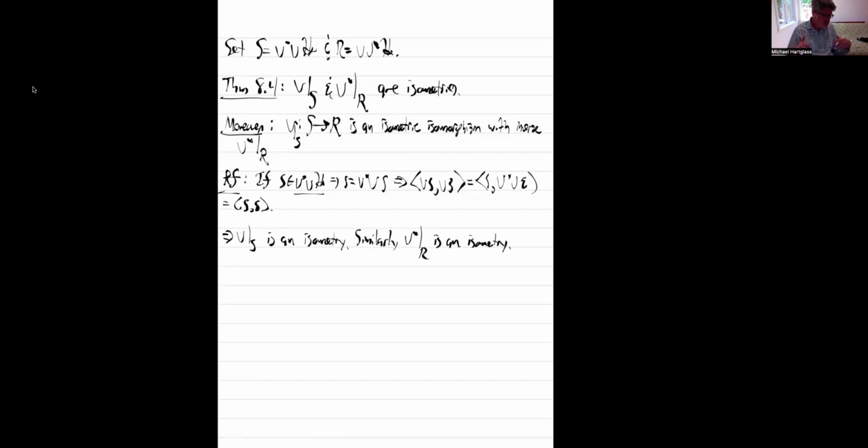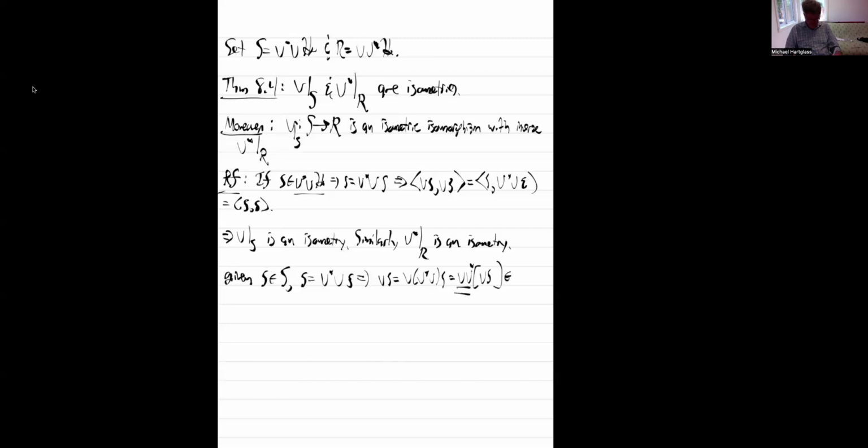Okay. Now we just need to show that V is an isometric isomorphism mapping S into R. Well, let's note that given C in S, C has to be equal to V star V of C, which implies that VC is V of V star V C. And we're going to rewrite that as V V star of V of C. So this is V V star of something.